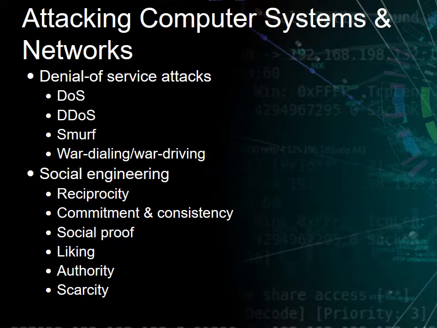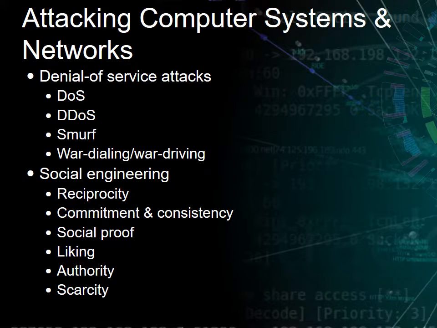So besides malware, there are other types of attacks that can do some damage to systems or affect their availability. The first is denial of service attacks, and there are different types. There's a standard denial of service attack like a SYN flood attack, which is run by a single computer against another. Or you can have a distributed denial of service attack, where you have thousands or hundreds of thousands, maybe even a million zombies in a botnet all attacking one computer at the same time on the internet, basically forcing it off.